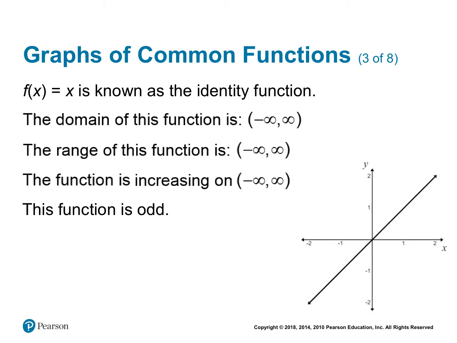F of x equals x is known as the identity function, and the domain and range are both negative infinity to positive infinity, so it goes forever and ever in the negative direction to the positive direction, and it is odd because you can reflect it over the origin, and we learned that in the last lesson.